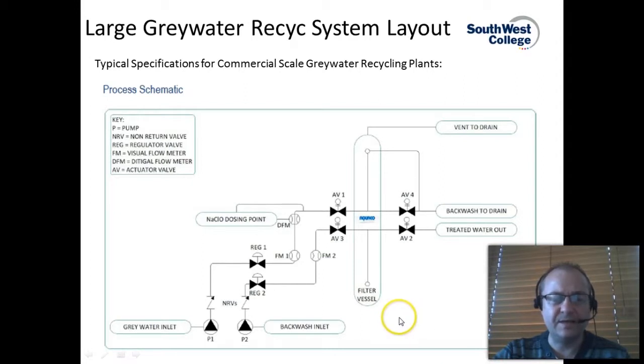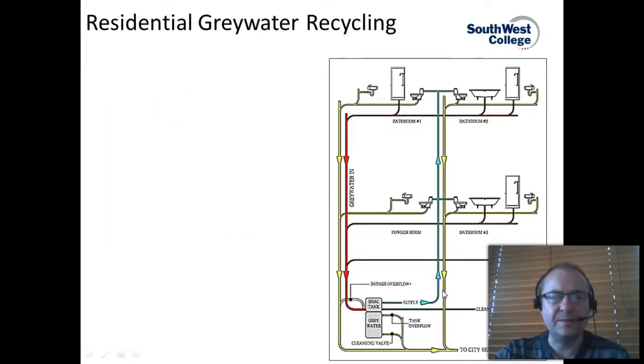It's just scaled up. So you have your greywater inlet to the system, then your chlorination, then your filter vessel, and then your treated water out. That goes to your storage vessel. Again, the technology within large scale ones is pretty similar, it's just scaled up.